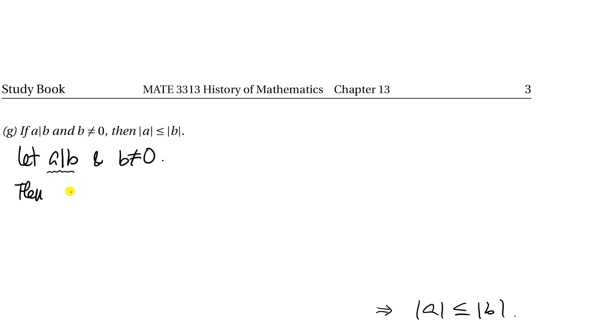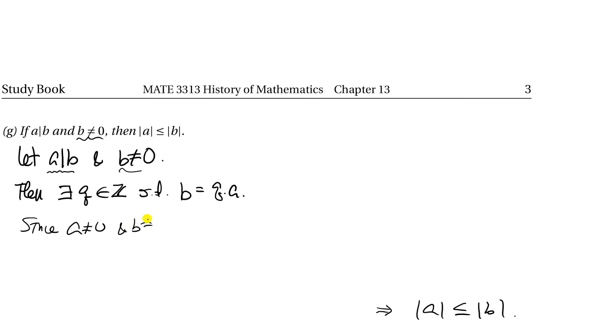Then, because of that, there is an integer Q satisfying B is Q times A, right? Now, the given condition in the beginning was that A is non-zero, right? And because of that, B is also not 0.